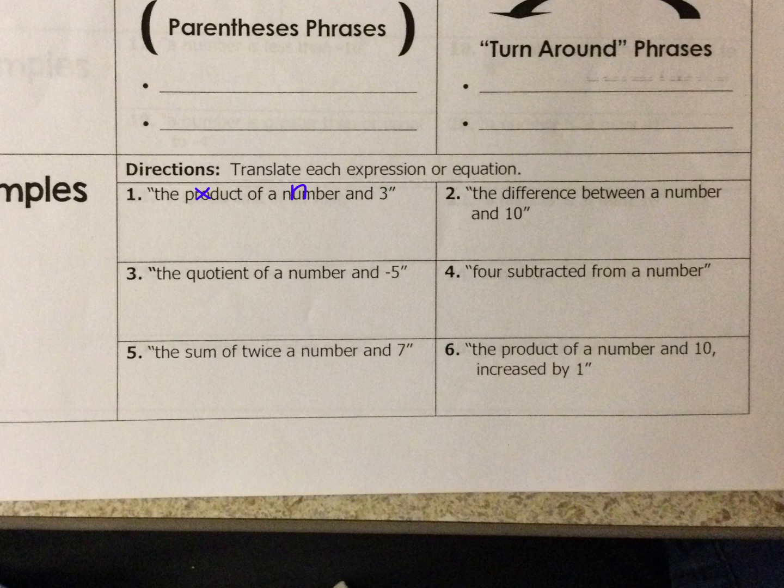The product of a number, and it's being multiplied, times 3. N times 3. We don't write that like that when we're in perfect, happy, grown-up math land. We would just write 3N. Either way is correct, though.